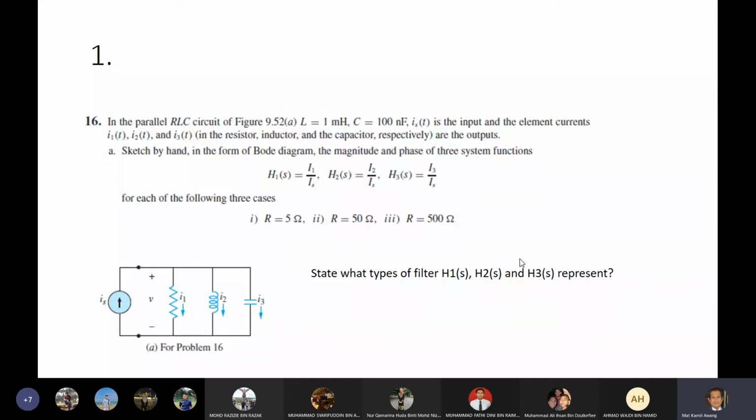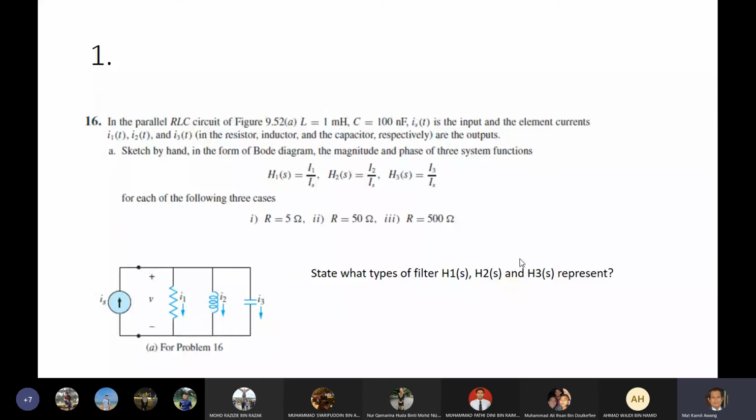For each of the three cases, R equal to 5 ohm, R equal to 50 ohm, and R equal to 500 ohms. And besides sketching the Bode plot, you also need to answer what type of filter is represented by H1, H2, and H3.